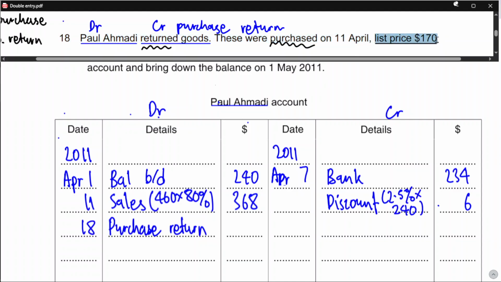You see the word list price. So let's do calculation. List price of bracket, so 170 times the, we are in 11 April. 11 April is, see this one, 80. So this one also needs to be times 80%. So it will become 136.